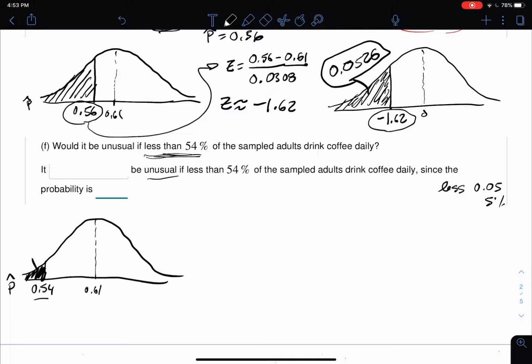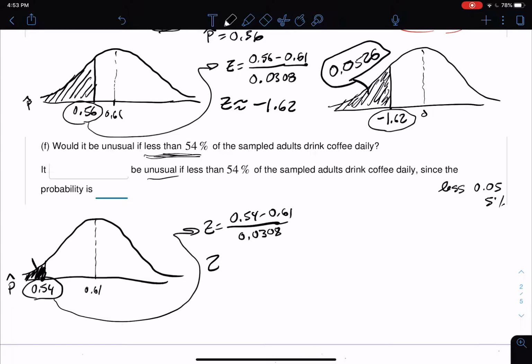We have to convert this p hat into a z value. We can do that in an easy way using the formula, 0.54 minus 0.61 divided by 0.0308, and we get our z value as approximately a negative 2.27.